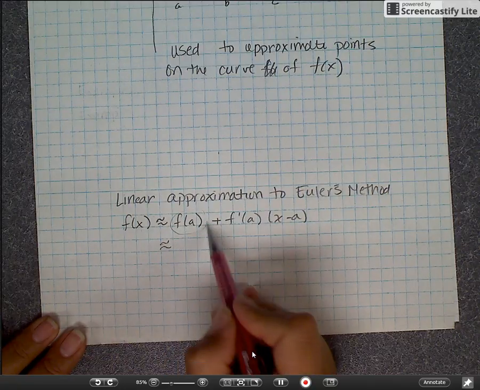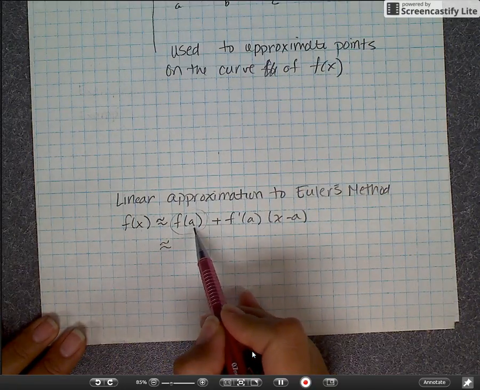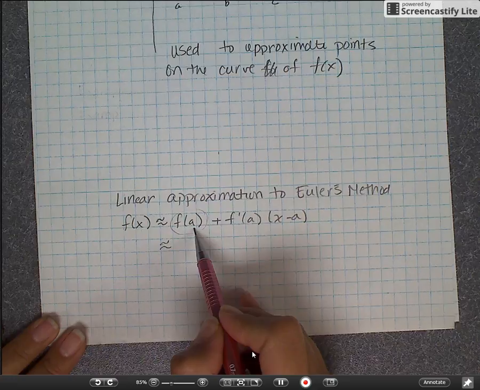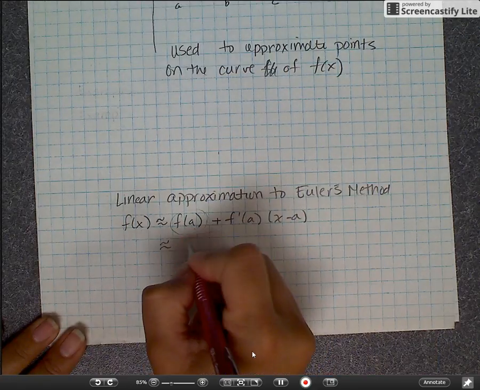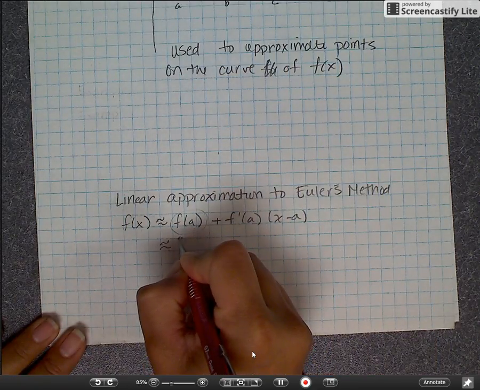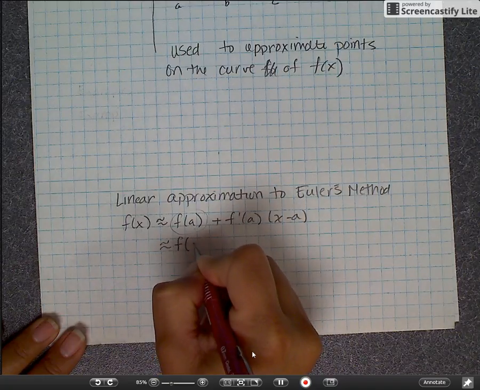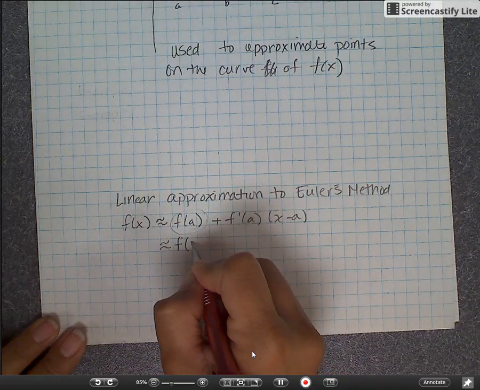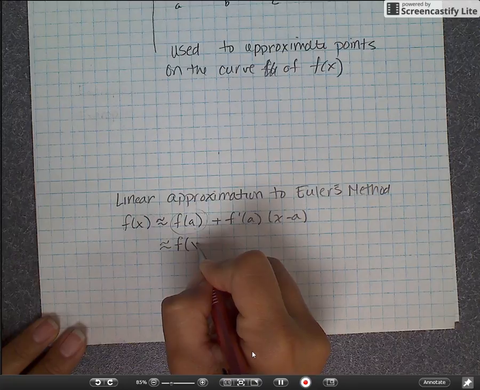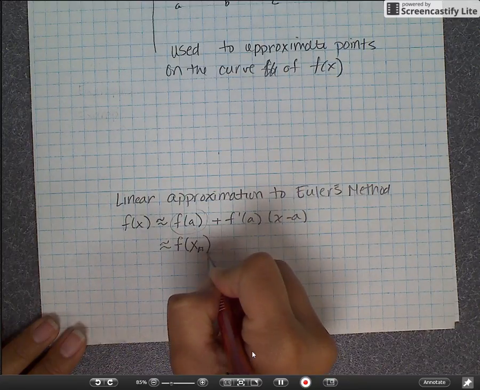Now, here, this function is dependent on x. So I am going to write f of a, or let me say actually f of x naught. I'm going to say f of xn.